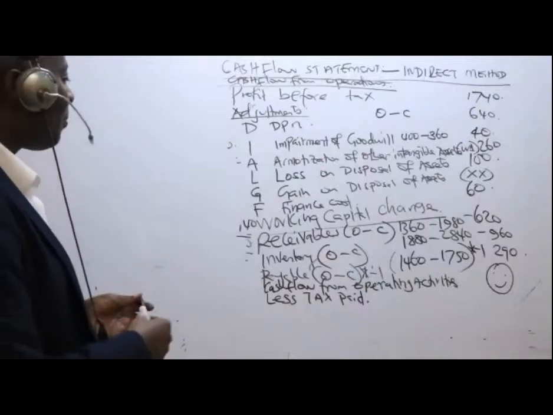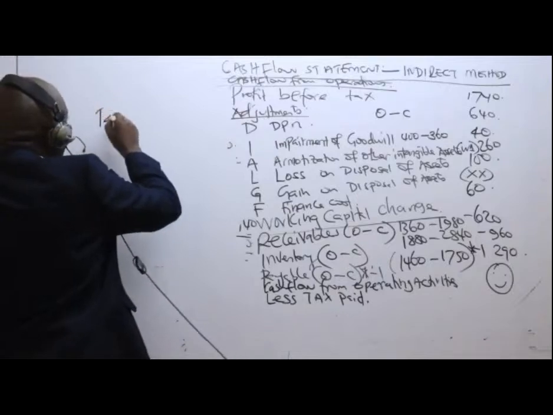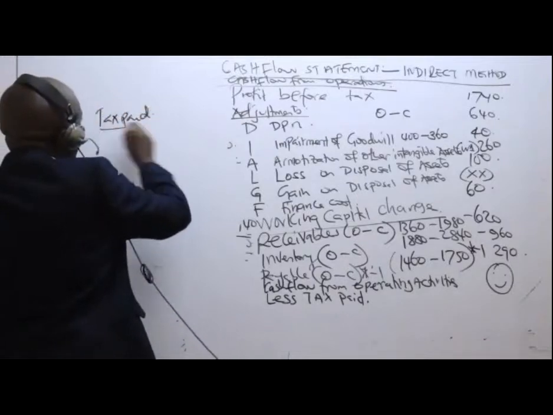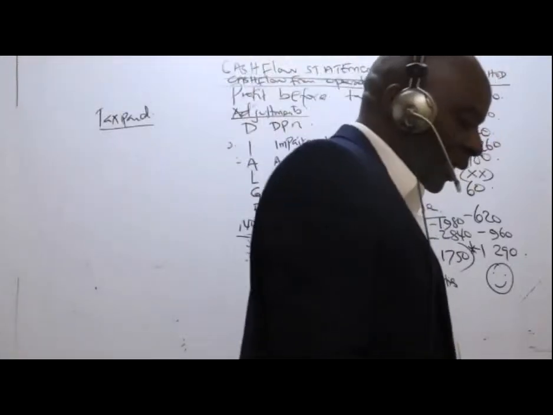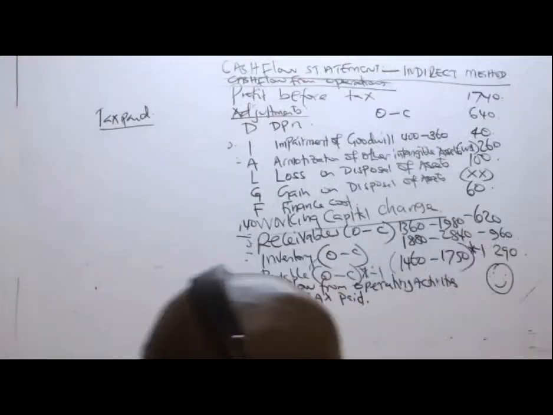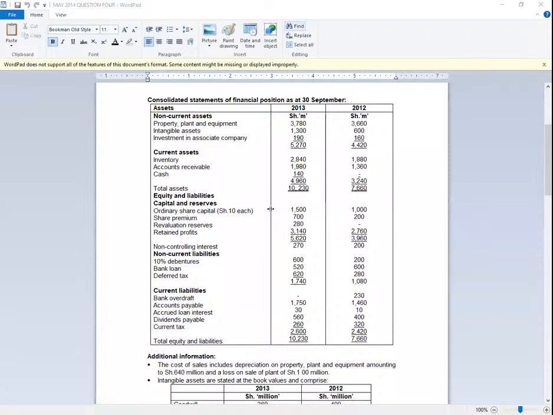So for tax paid, I would want a working, but I will never do a T account for tax paid, not unless I'm another one. If I'm another one, I should do a T account. For tax paid, I can see I have deferred tax and current tax.